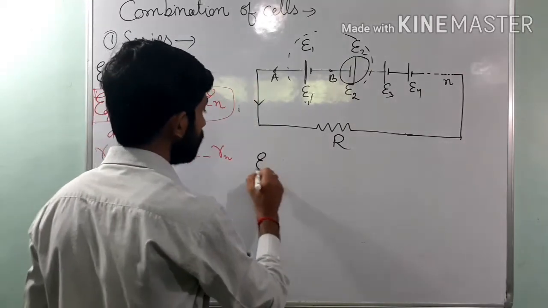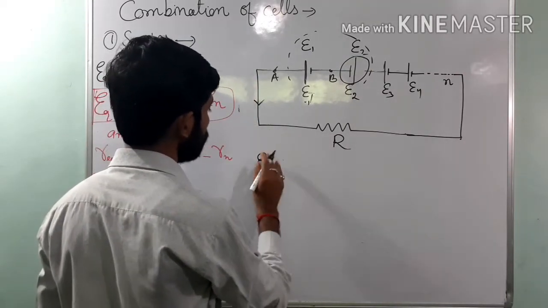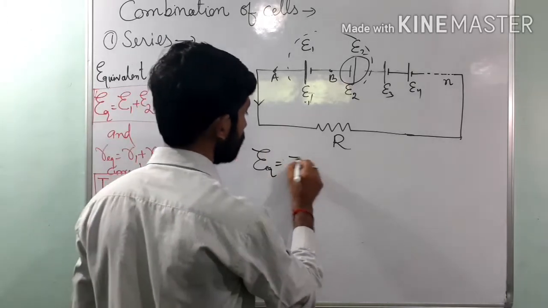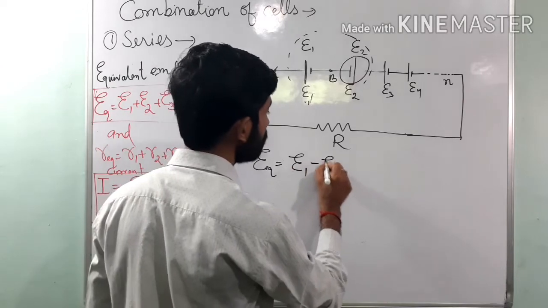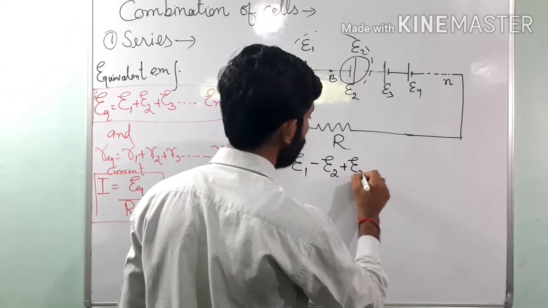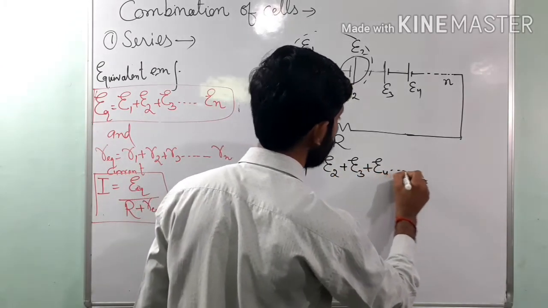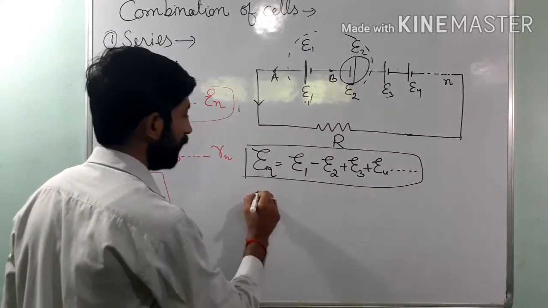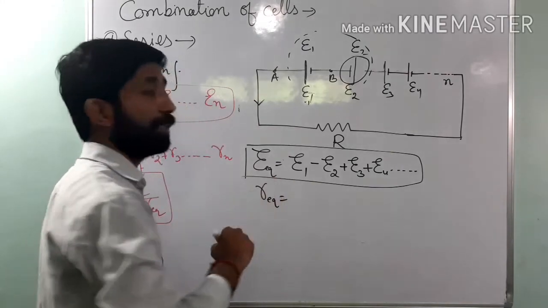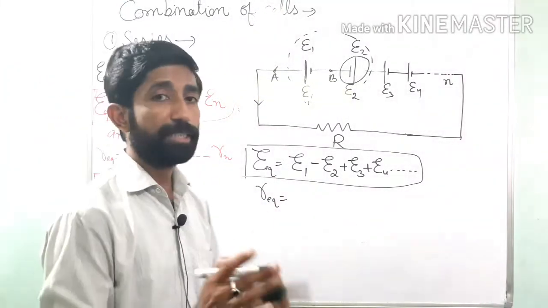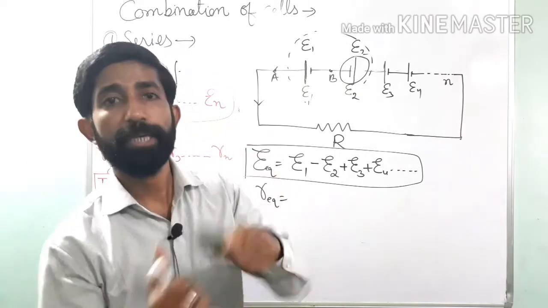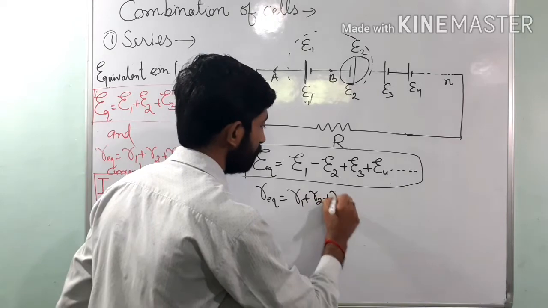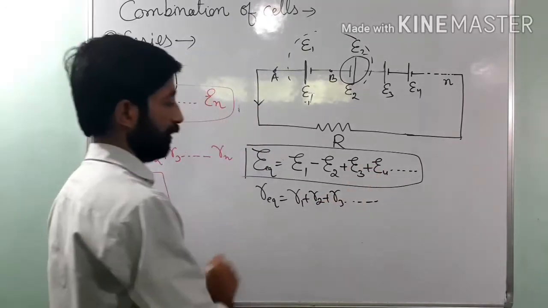So the equivalent EMF is in that case E1 minus E2 plus E3 plus E4 and so on. Okay, and R equivalent remains the same, because for resistance, whether you add this way or that way, nothing happens. So R1 plus R2 plus R3 and so on.